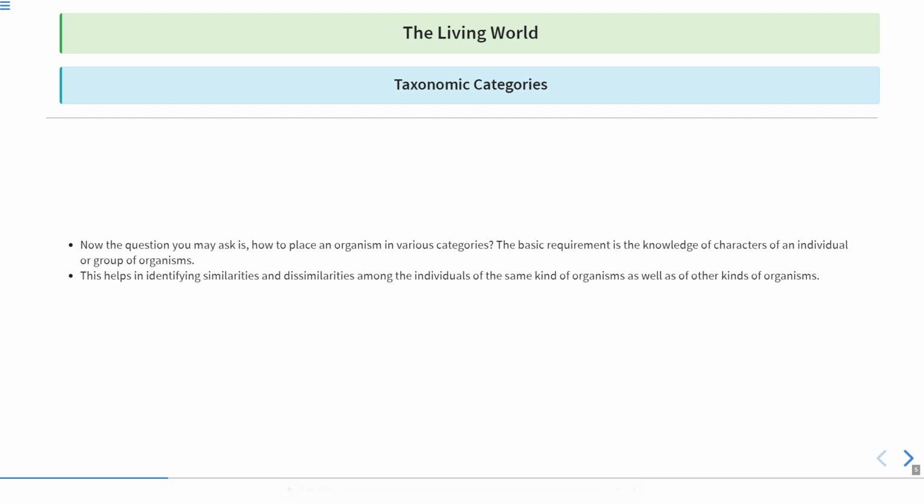Now the question you may ask is, how do we place an organism in the various categories? The basic requirement is knowledge of the characteristics of an individual or a group of organisms. So first of all, you must know the characteristics of the individual, group of organisms, or organism.